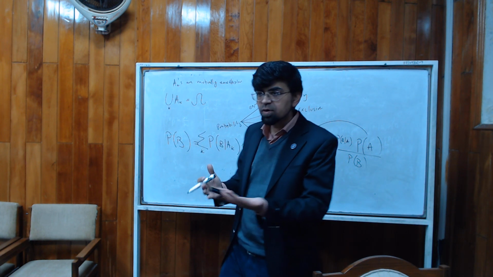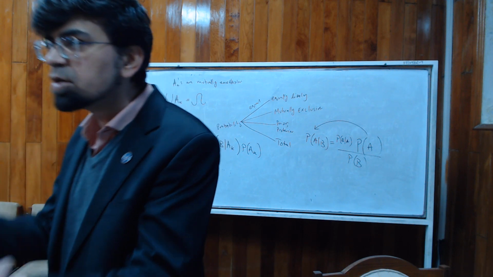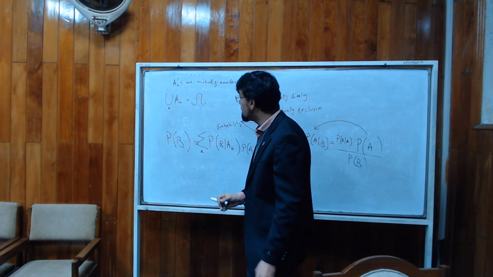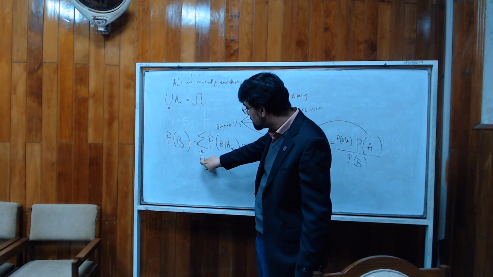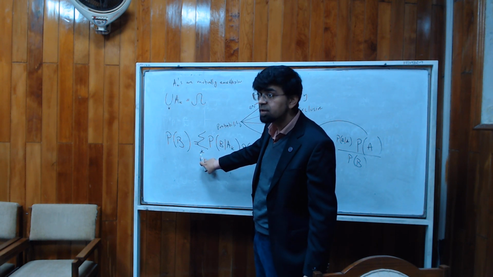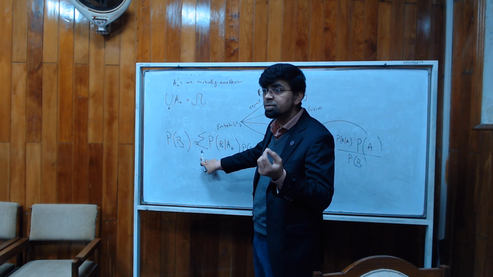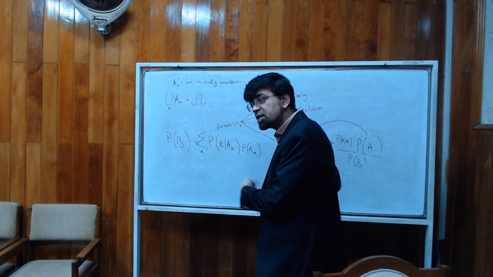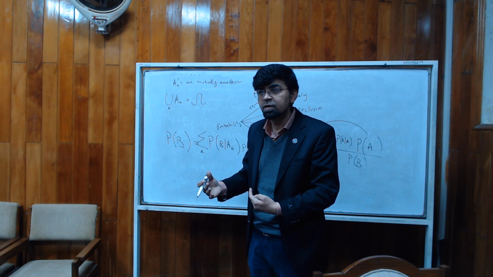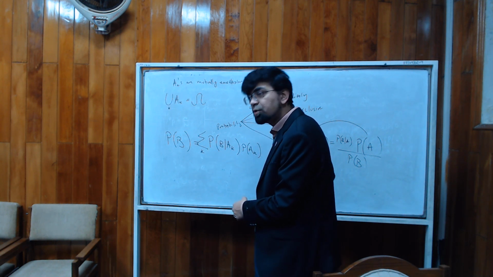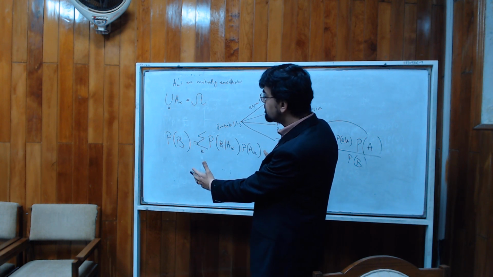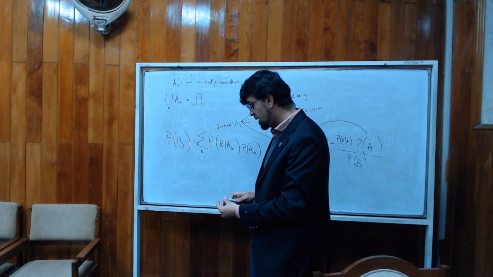Simple events were those which were mutually exclusive and together made omega. Remember? Why is that required? You're doing a summation. Summation is only possible if there is mutual exclusivity. If it's not there, you always have to subtract something. This becomes more complicated. You can still solve it and put in more terms here, but it becomes very complicated. In its very basic form, total probability is this.